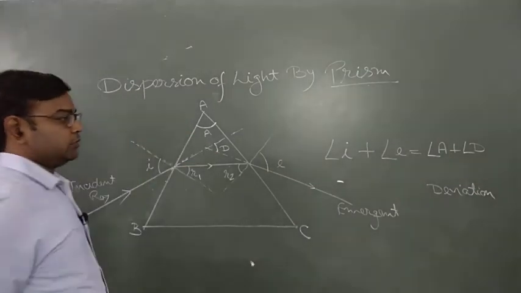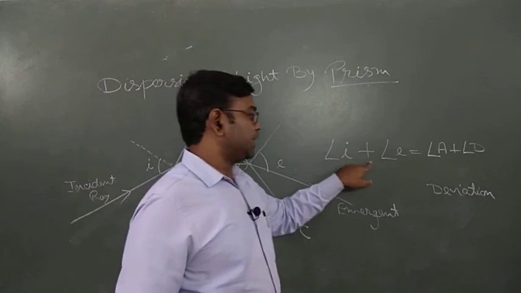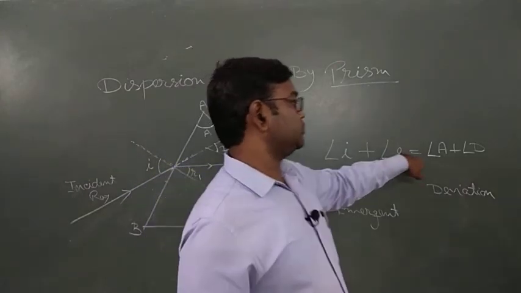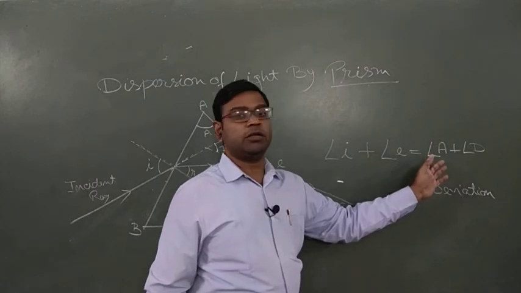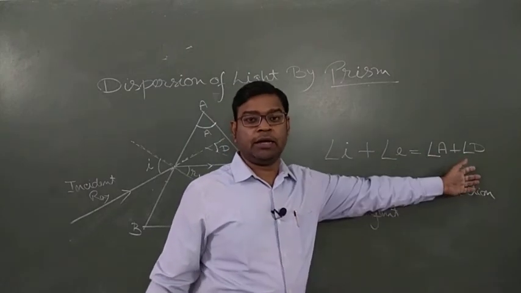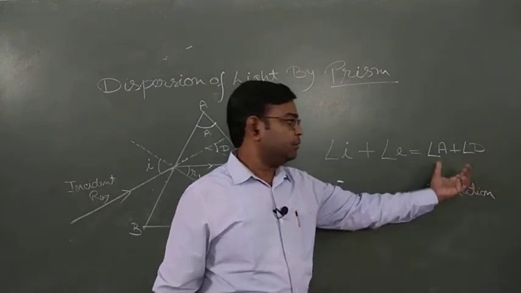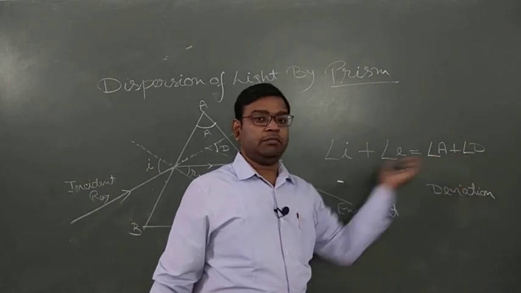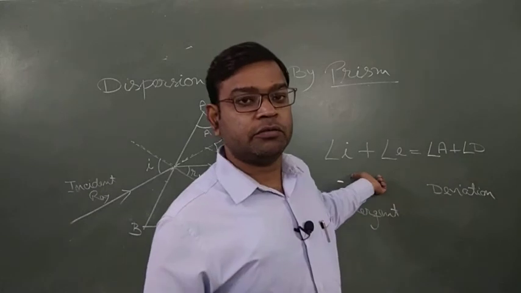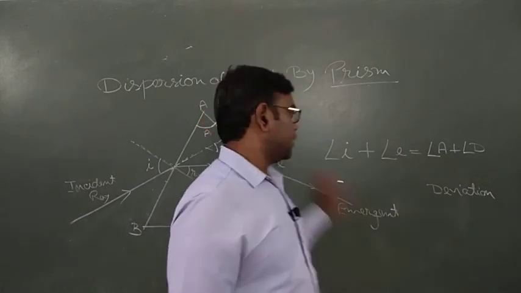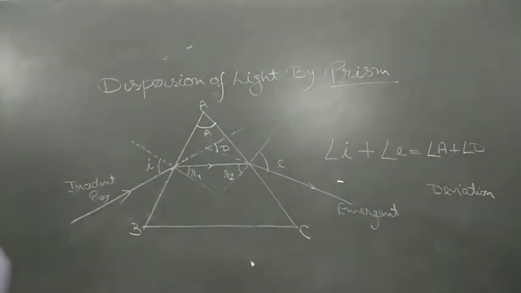So always remember this one: angle of incidence plus angle of emergence equals angle of prism plus angle of deviation. Means sum of internal angles equals sum of external angles. Hope this thing is clear to you.